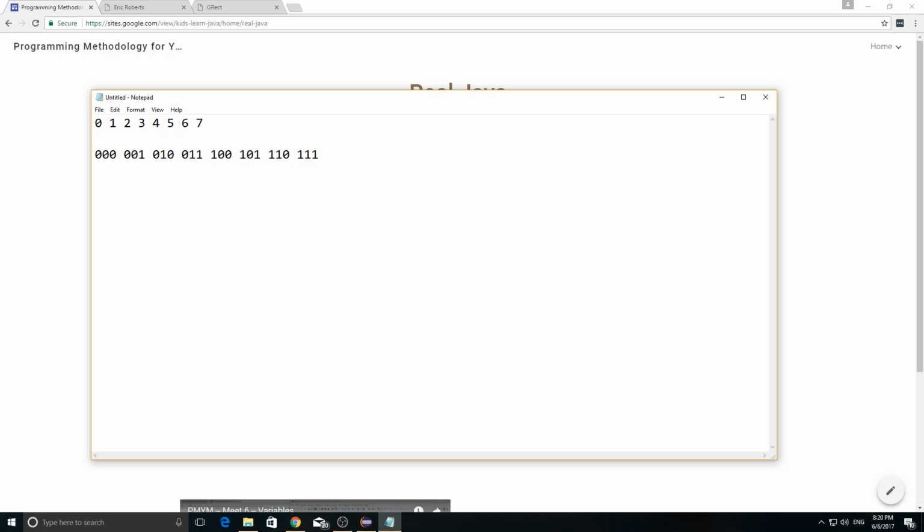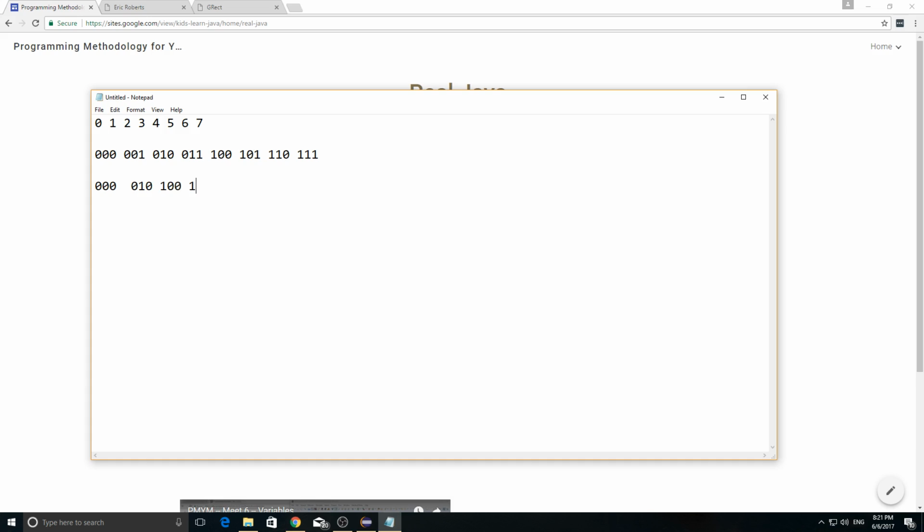So this is how you actually do it. For the first group, I collect all the numbers with the first digit being 0. So that includes 000, 010, 100, and 110.